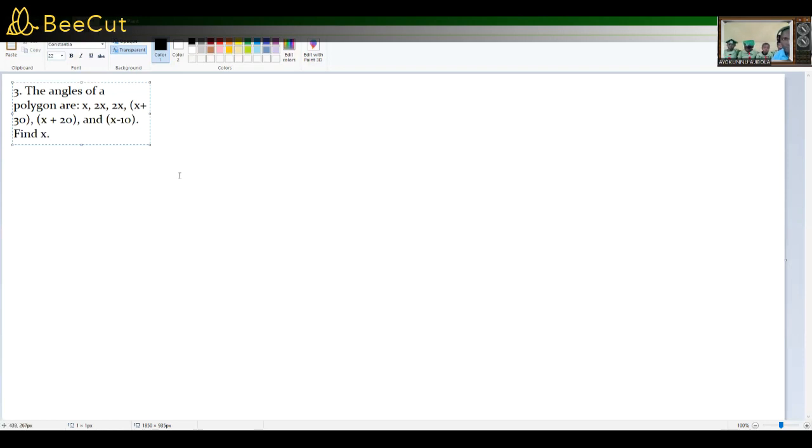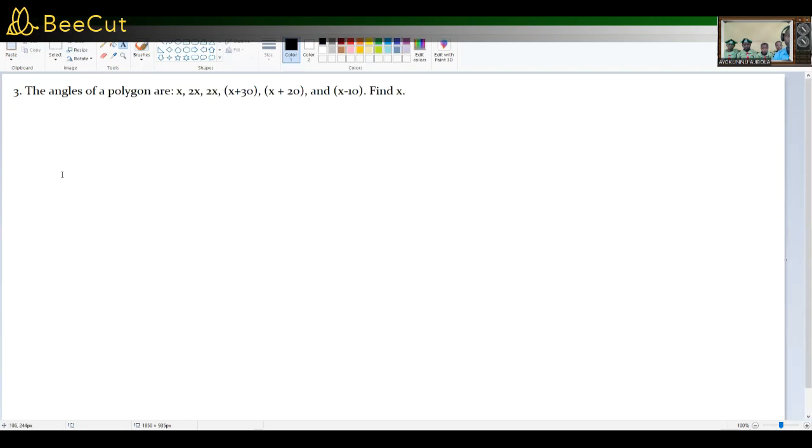Okay, this is the question that we have, and I'm going to try it. Whenever you see anything that is asking you for angles in a polygon, what should come to your mind is sum of angles in a polygon. Sum of angles in a polygon is given by 180 into n minus 2, where n is the number of angles or number of sides. So how many angles were we given? 1, 2, 3, 4, 5, 6.